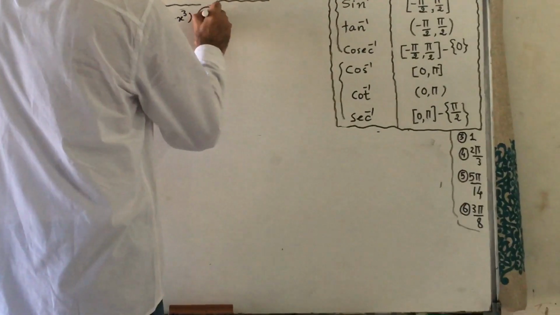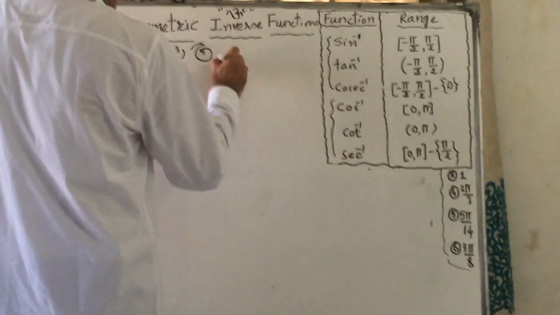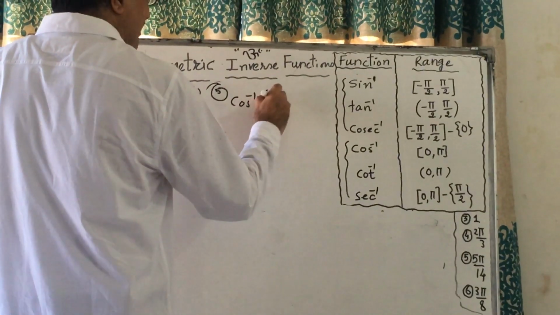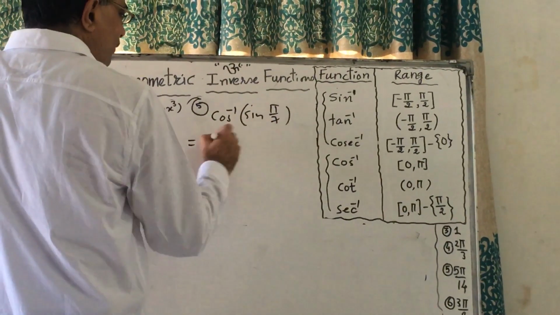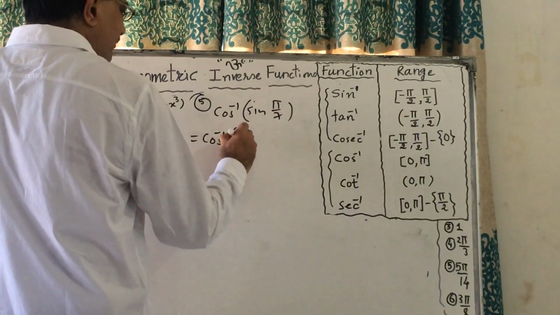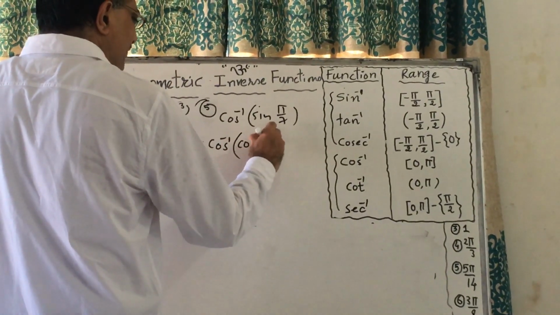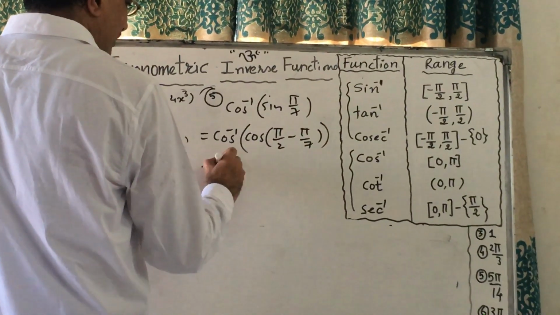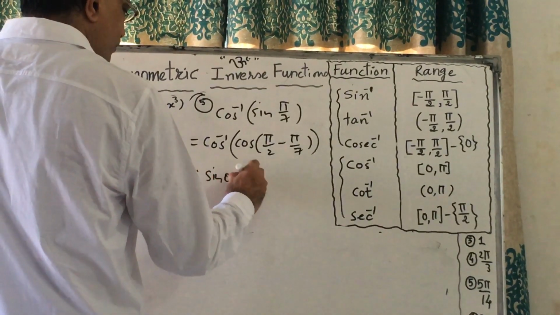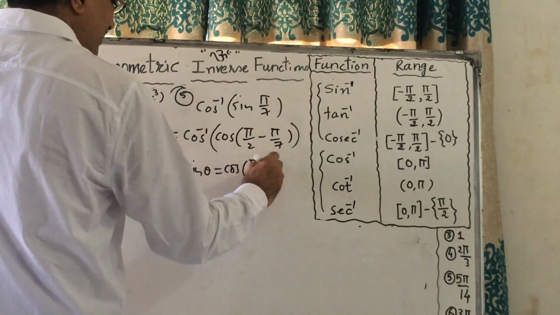Now fifth, that is cos inverse of sin pi by 7. So in place of sin theta, we have to put cos of pi by 2 minus theta, because we know that sin theta equals cos of pi by 2 minus theta.